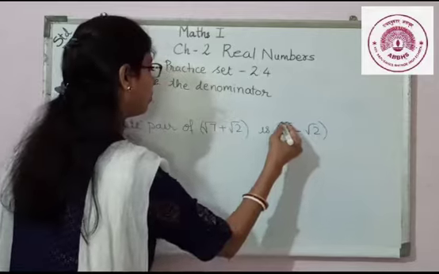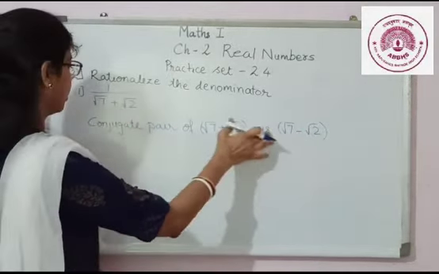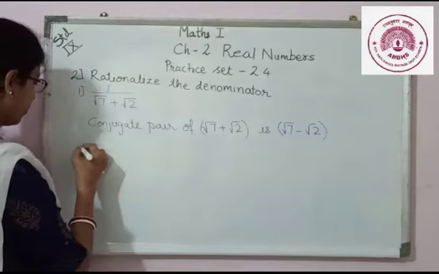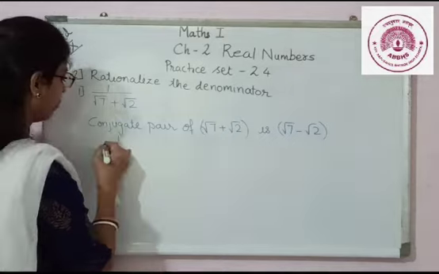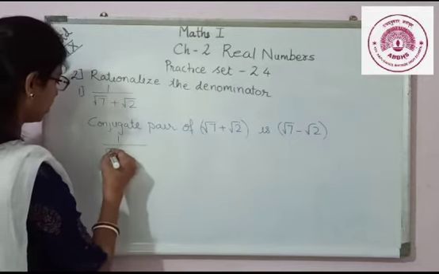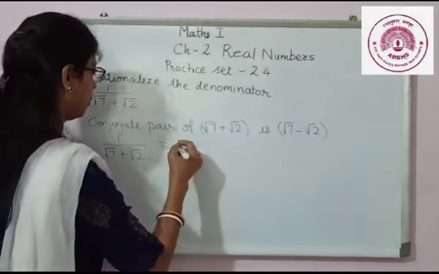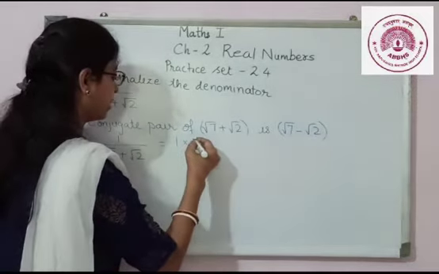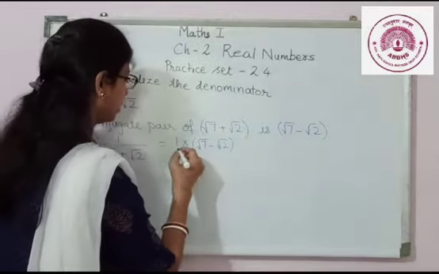So we will multiply both numerator and denominator by the conjugate. Okay. So therefore 1 upon root 7 plus root 2 equals to. So we'll multiply the numerator by root 7 minus root 2, the conjugate. Okay.